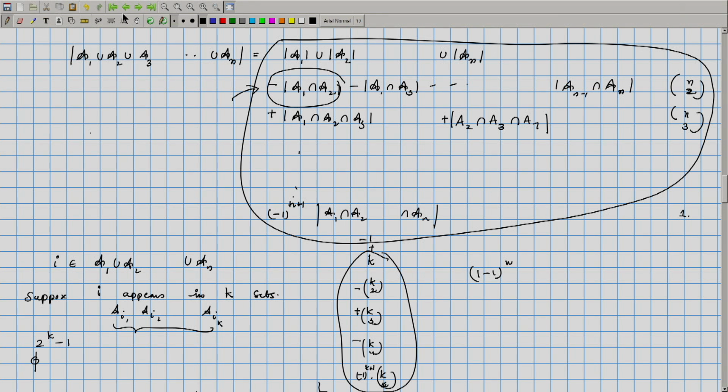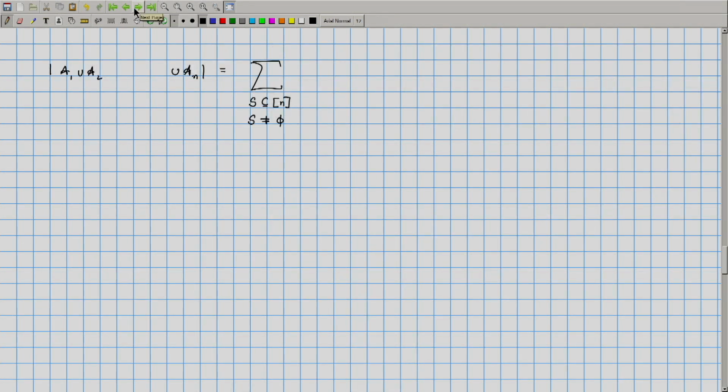Note that when we are considering a subset of size 2, the sign is negative, and whenever we are considering a subset of size 3, its associated sign is plus. So, there is going to be a term minus 1 raised to the size of the subset plus 1. You can also write minus 1; it does not really matter. Only the parity of this number counts, S plus 1 or S minus 1, either both of them are even or both of them are odd.